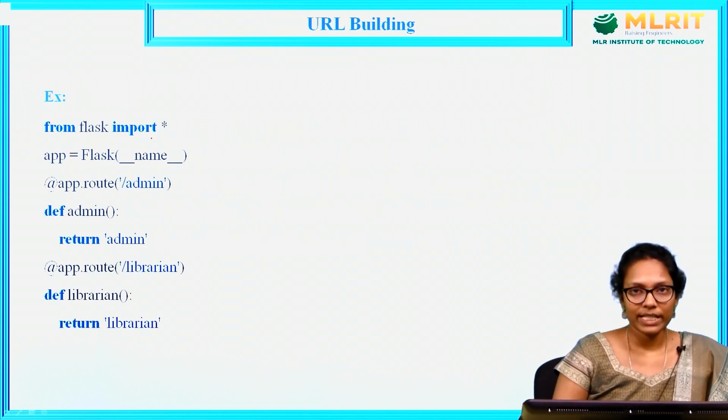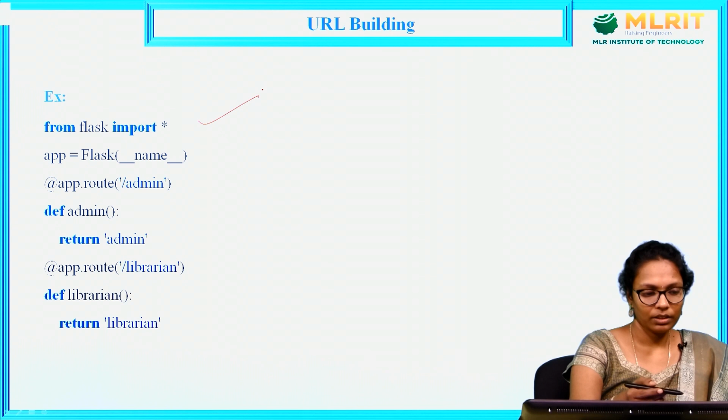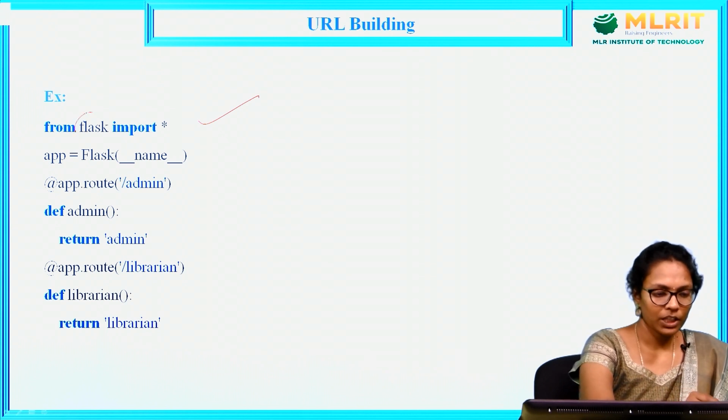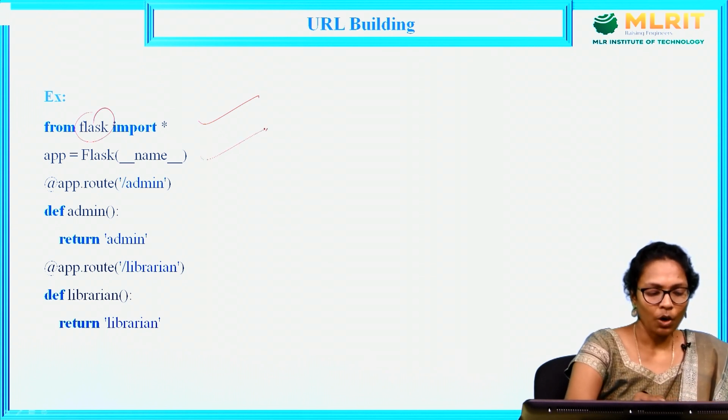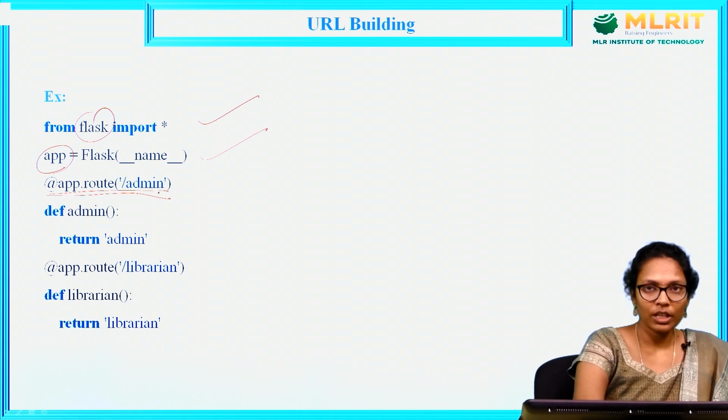Coming to the example application. Here we are importing the Flask class from the package flask, and then creating an object named app. Then you set a route, /admin. For this /admin, the view function is admin itself, and it returns a message, admin.